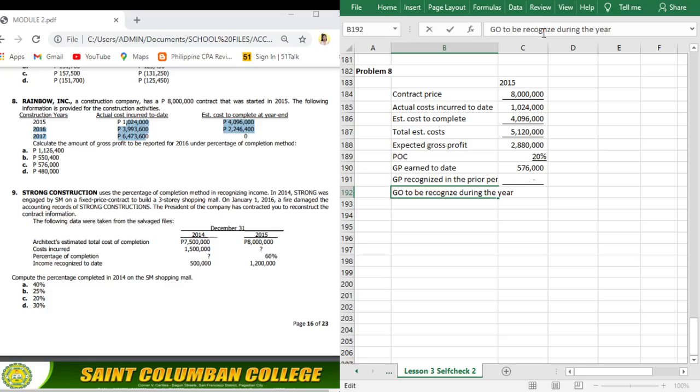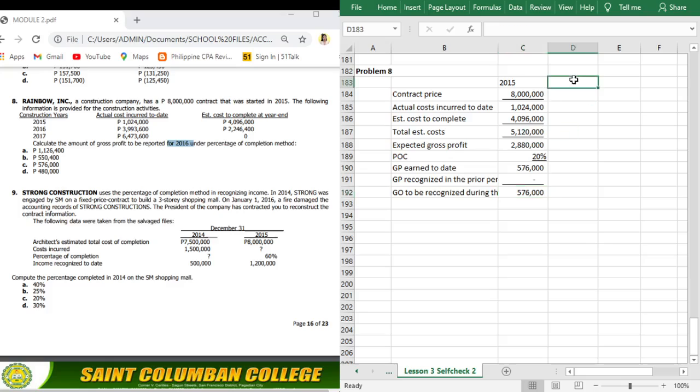Okay, gross profit to be recognized during the year. So, gross profit earned to date minus those that are recognized in the prior years equals the gross profit to be recognized during the year. In this case, that is 576,000.